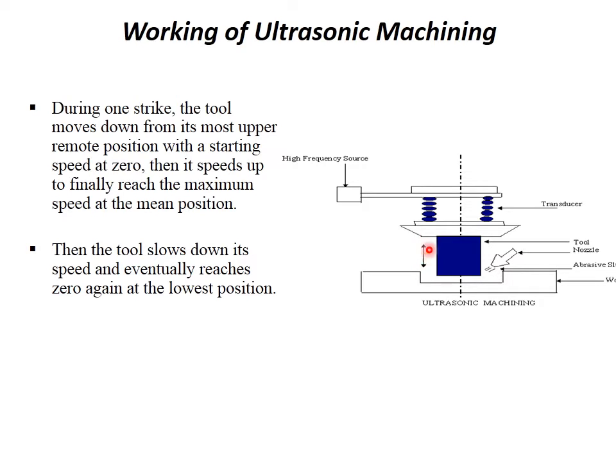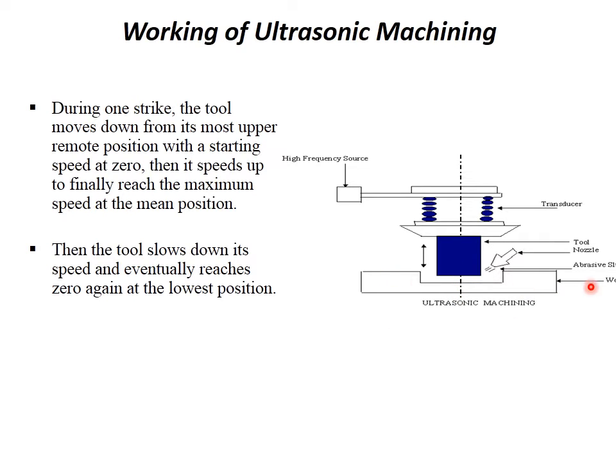So the larger the frequency, the larger the tool movement in a fraction of a second. Then you can have much vibratory action, and these vibrations create a force on the gap between the tool and the workpiece.